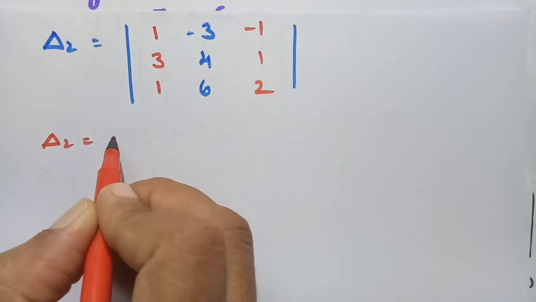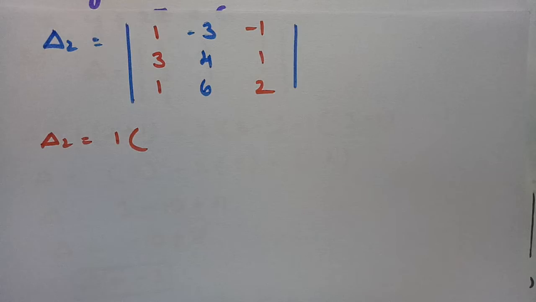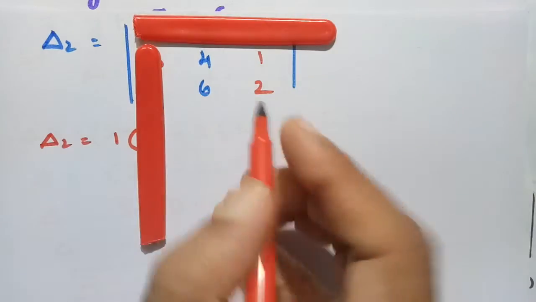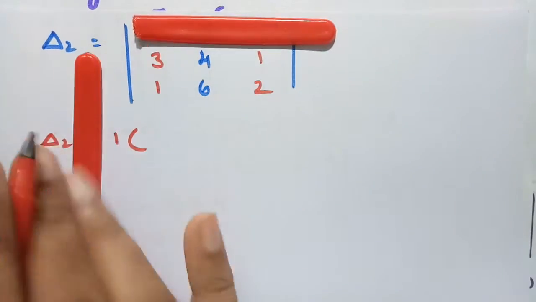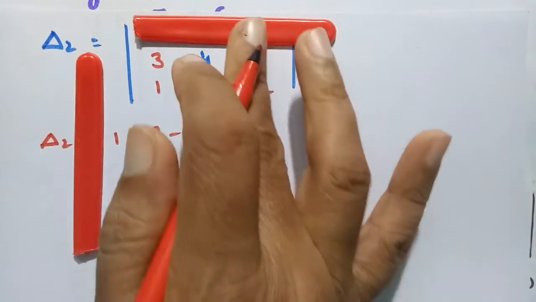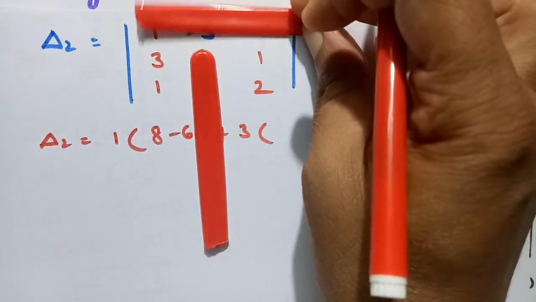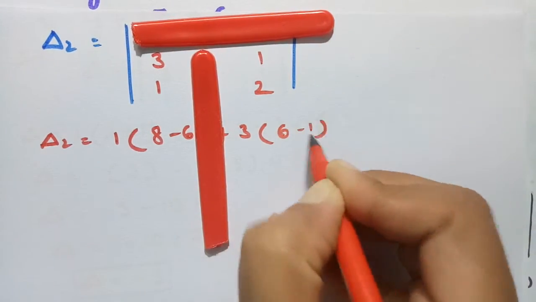Delta 2 is equal to the determinant value: 1 times, now I close the corresponding row as well as the column, so this will be 8 minus 6. And this is minus of minus plus 3 times: closing this row and column, this is 6 minus 1.